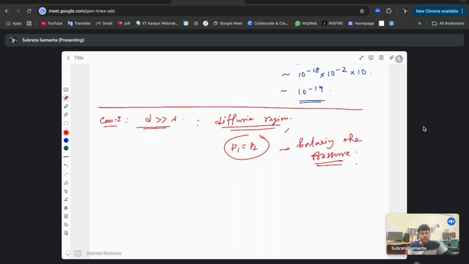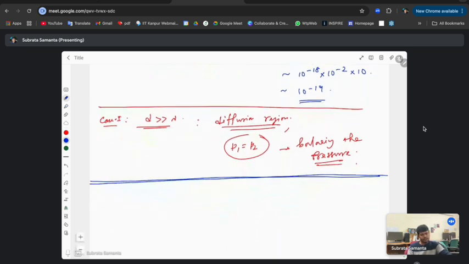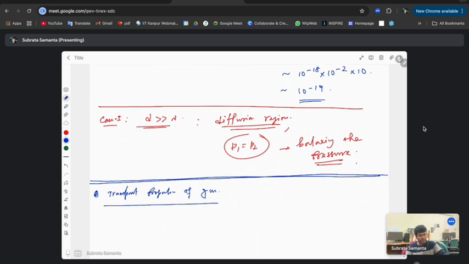Okay, if not, then I will discuss the transport properties of gases. So what is the transport property of gas?